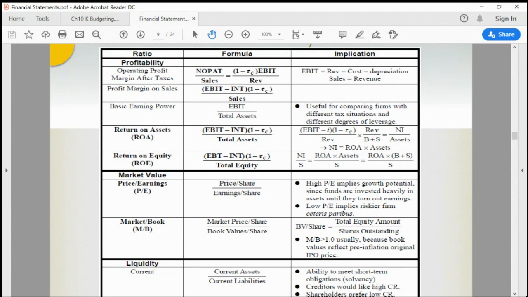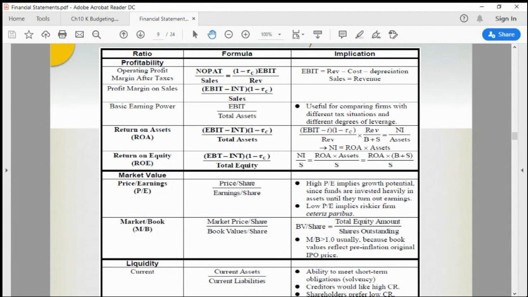I mean, the broad, extended definition of fundamental analysis doesn't include only the ratio analysis. It can be more extensive, but the core of the fundamental analysis is basically the ratio analysis, right?